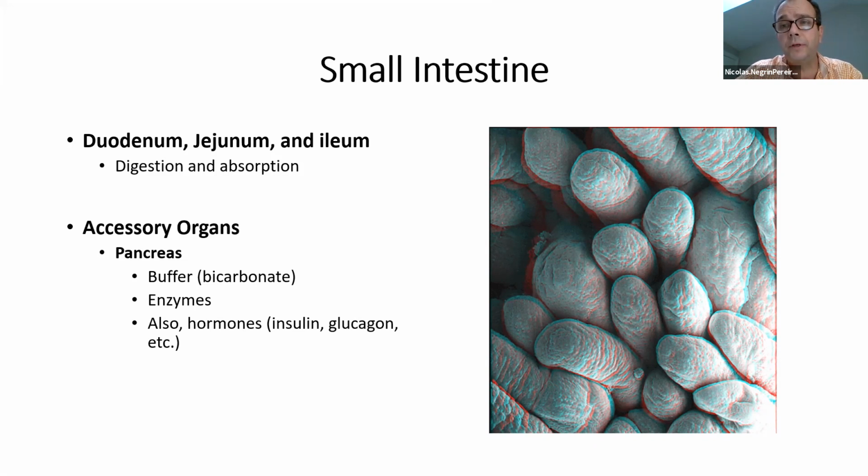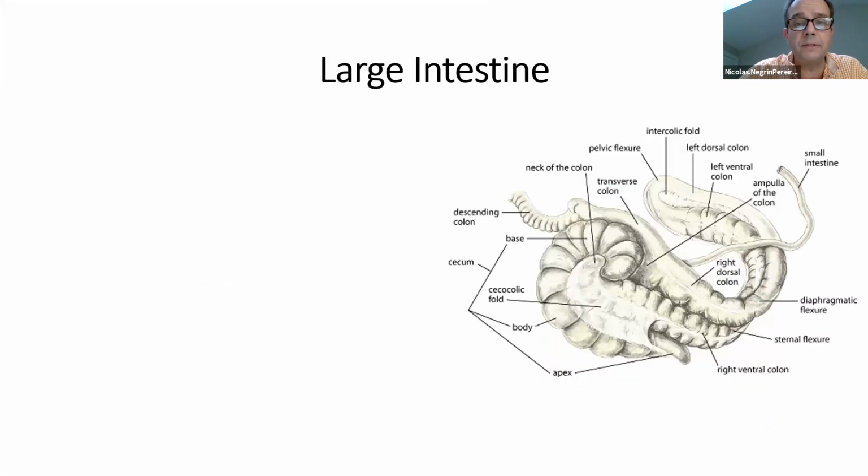Also, don't forget, it is a fundamental gland for the secretion of hormones as important as insulin and glucagon, regulating the glucose levels in the blood. Then we have the liver, which is responsible for synthesizing and secreting bile, which, as we said, is fundamental for forming a colloid with the lipids, forming the micelles, contributing to the digestion and absorption of lipids.